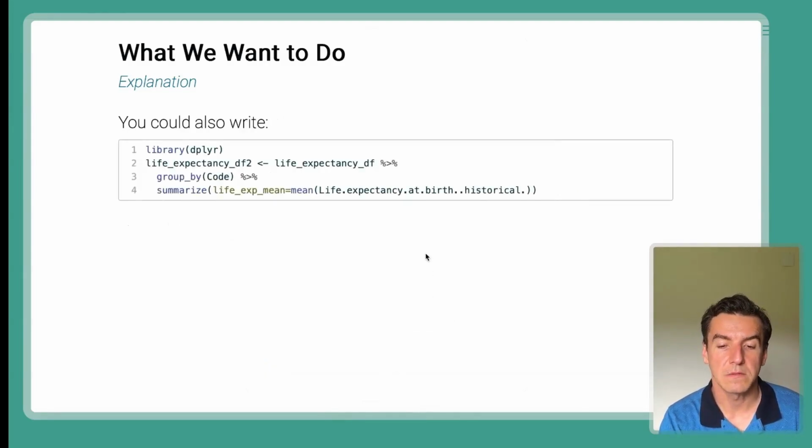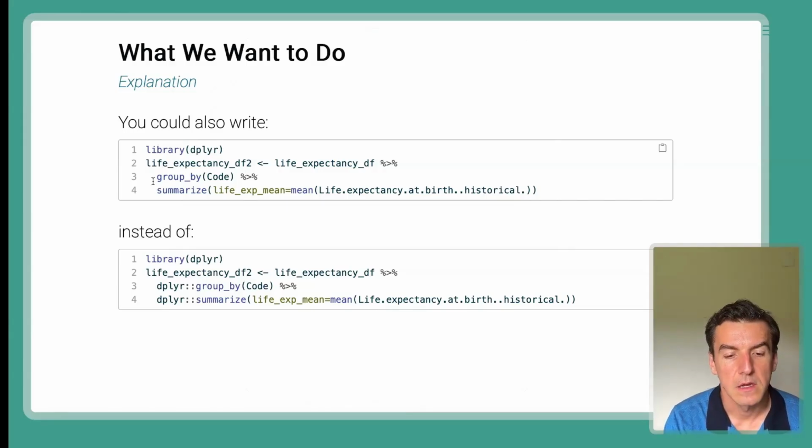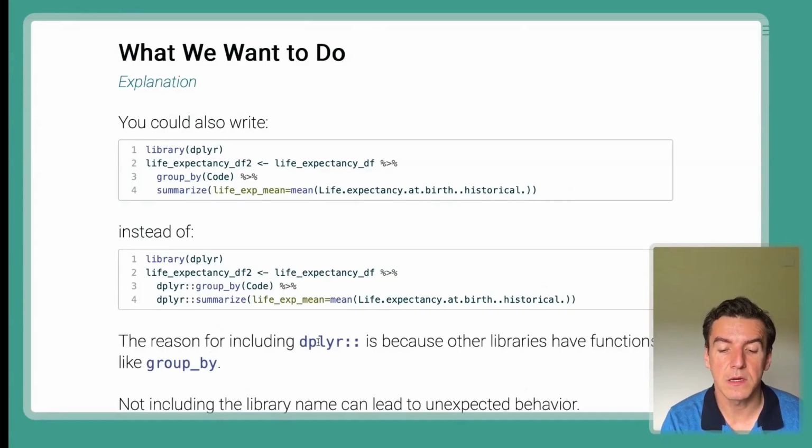You can also write this instead of this. So notice the difference here is the presence of the library name. So why do I do this? It is because sometimes other libraries may have similar functions, so sometimes R may get confused. This is particularly the case when it comes to group by.